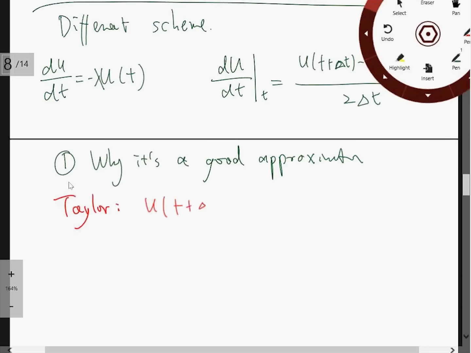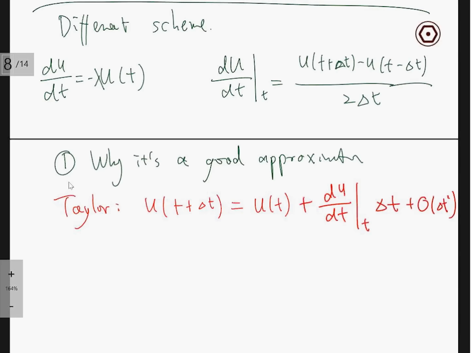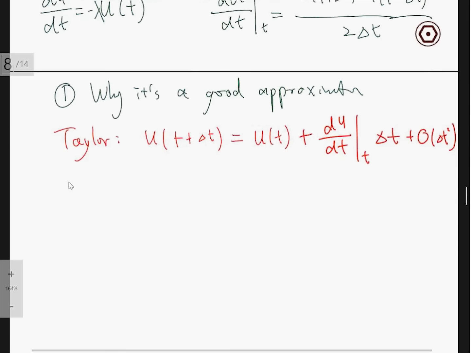U at t plus delta t, as usual, we are going to expand it using U at t plus du dt at t times delta t plus O delta t squared, right? This is the same thing as we did for the other scheme. The other scheme is forward Euler, right? Remember your reading.